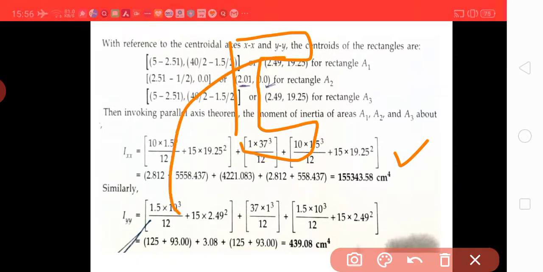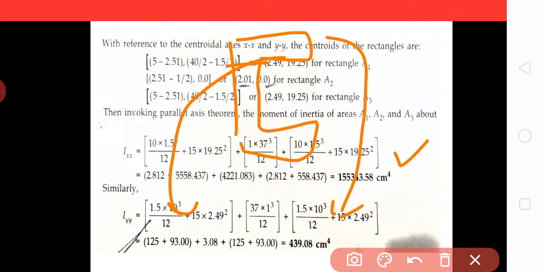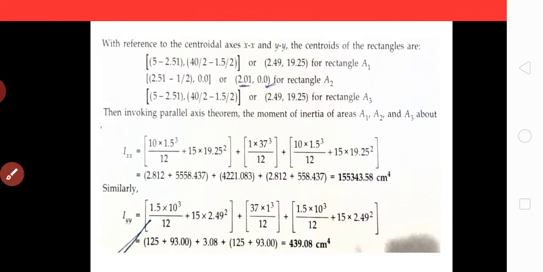The same will be for this one, and we are to concentrate on this one, 1 into 37 cube by 12. It also comes out to be, on calculation, 439.08 centimeter to the power 4.